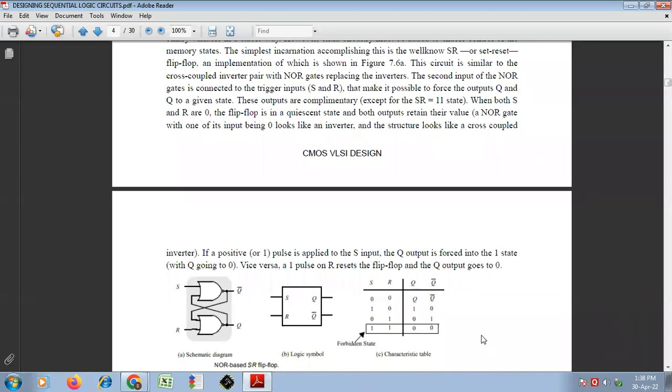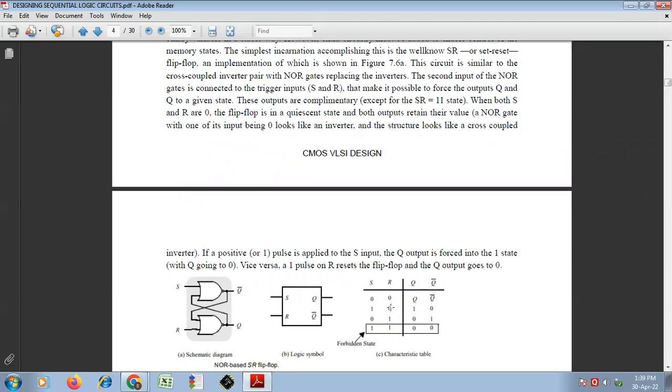If a positive pulse is applied to the S input, the Q output is forced into a 1 state with Q bar going to 0, and vice versa. A pulse on reset makes the Q output go to 0. That means if we give S as 1, it will exactly reflect to Q, and Q bar is the complement of that.